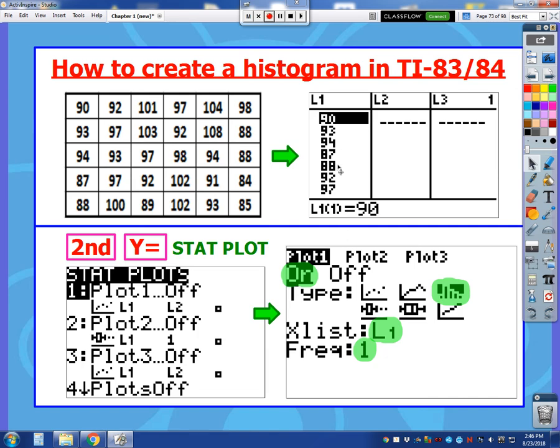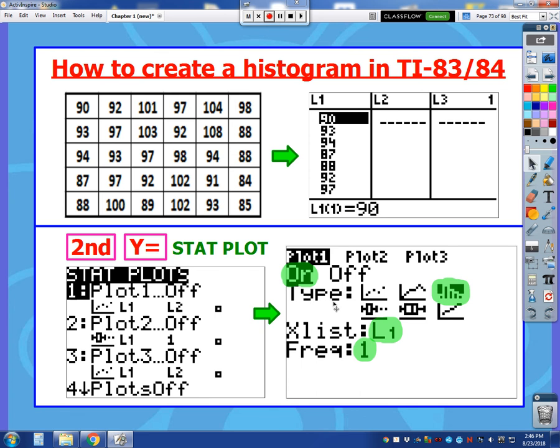So I've got all my data in a list, and then I'm going to press second Y equals to get to the stat plot function. Maybe not all of these are off, maybe some of them are on, but let's go to Plot 1. It'll currently be off, so move it over to On and press enter, so the little black background box moves to On.